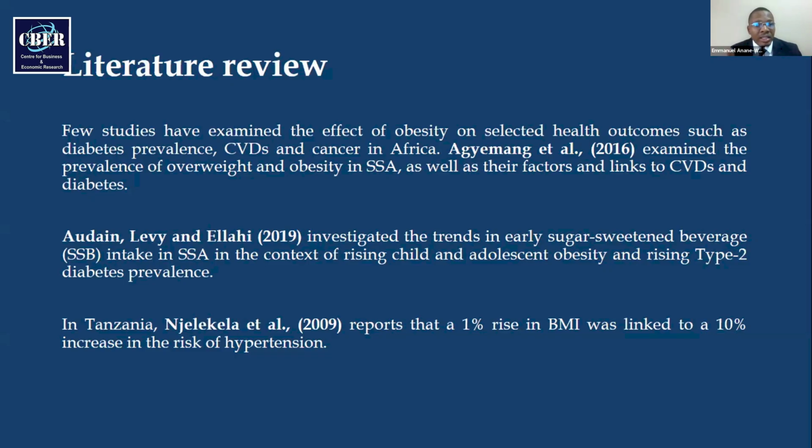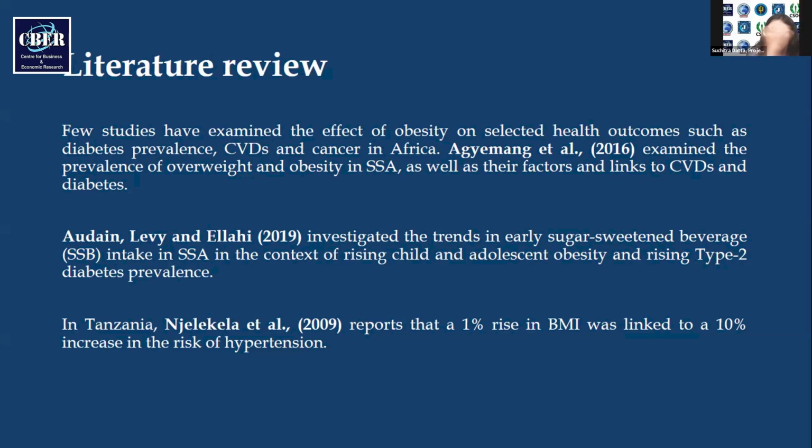And more interestingly, they realized that being obese is linked to an individual being diagnosed with diabetes and other cardiovascular diseases. Odain, Levy, and Elahi also investigated how sugar-sweetened beverage intake in children is likely to aid in their being diagnosed with type 2 diabetes.